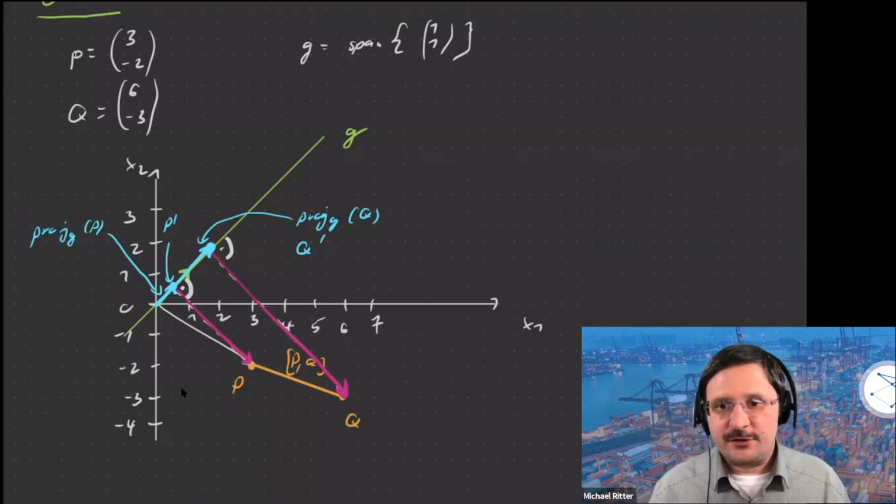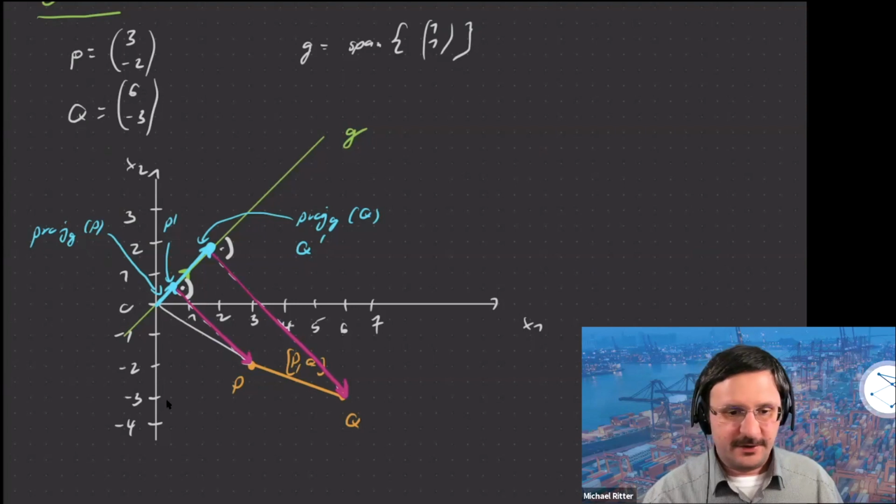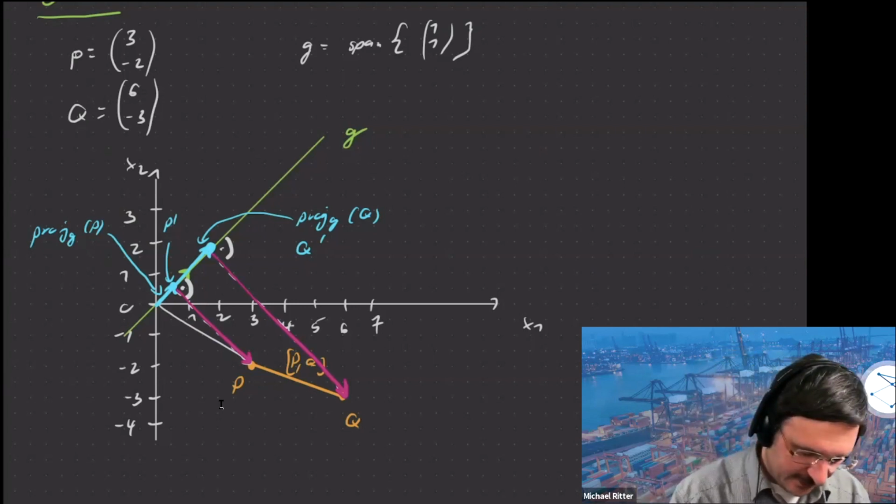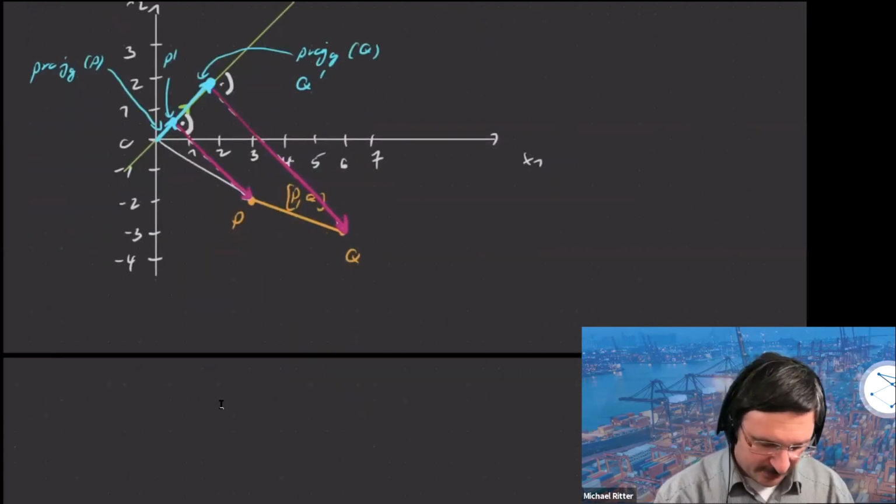And of course, once we have those 2 points, the length of the line segment can easily be computed. So basically what we have to do is find those 2 points, P prime and Q prime.